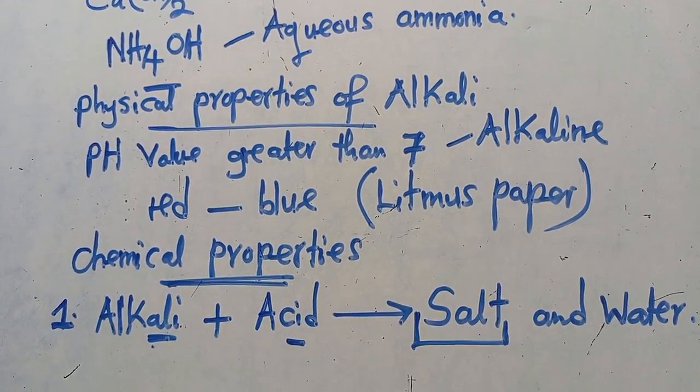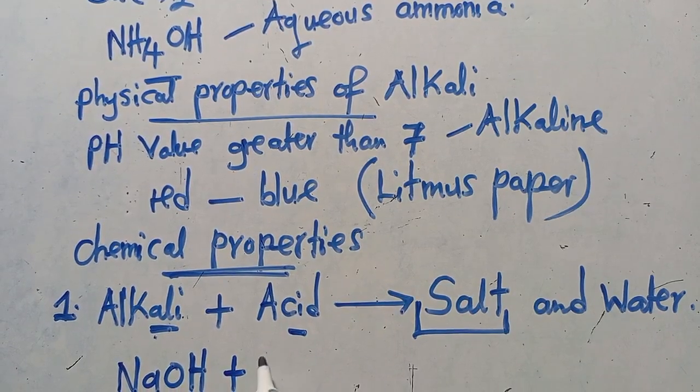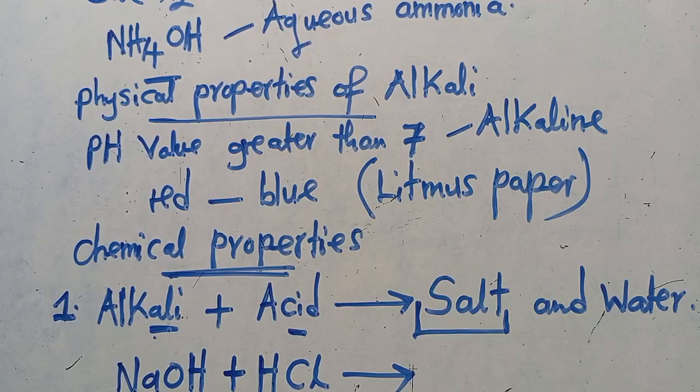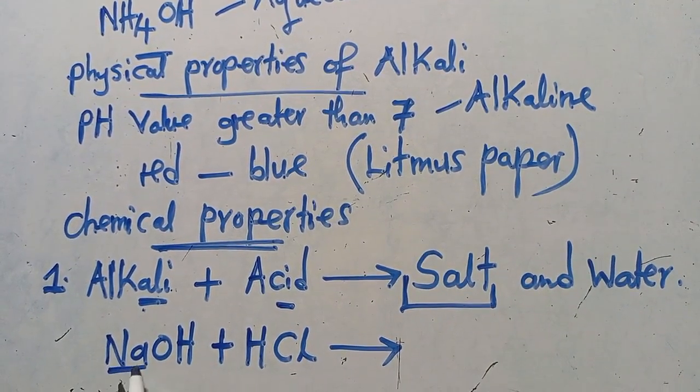So when you react an alkali, for example, we can consider the alkali sodium hydroxide, when it reacts with an acid, an example of an acid we can talk of is hydrochloric acid. What is produced is a salt. What is the name of the salt that is produced? This compound we say 1, this is hydroxide 2.